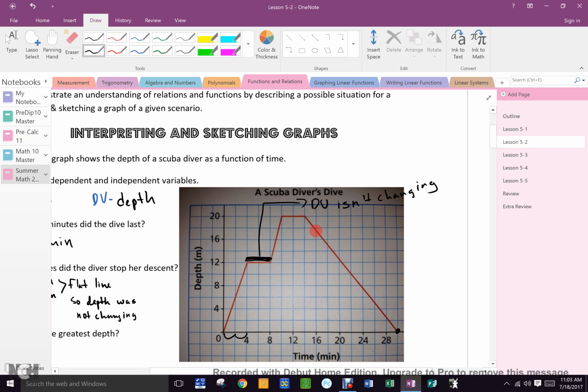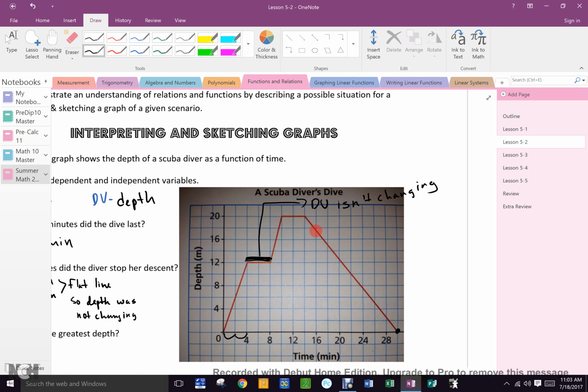If this is not moving, and this is so fast it's impossible because time has to keep moving, what does this range mean? What's decreasing or increasing? On this graph, it's depth. What is it on every graph? The dependent variable.